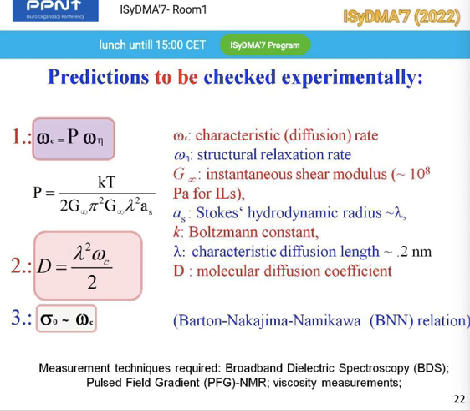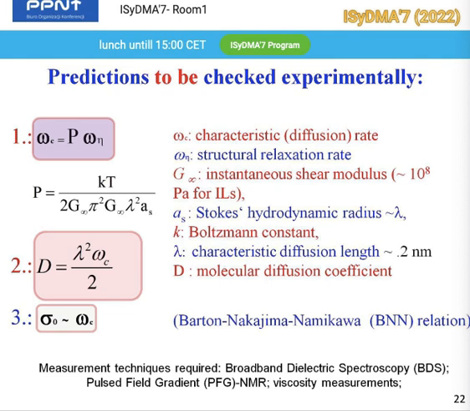One prediction is, for instance, that omega c, the characteristic diffusion rate, and the structural relaxation rate are interlinked by a constant of proportionality, which is given by this equation.